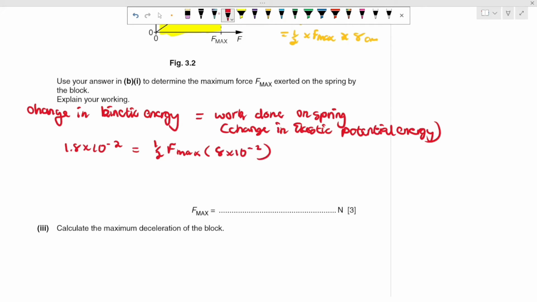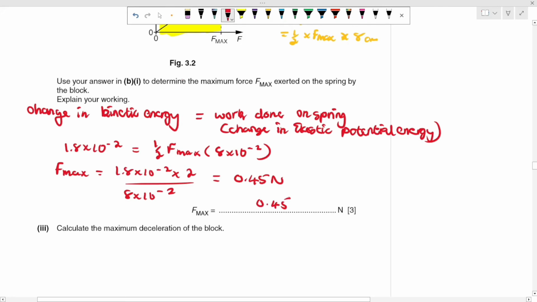So my F max will be equal to 1.8 times 10 to the power of -2 times 2 divided by 8 times 10 to the power of -2. So my F max will be 0.45 newtons.